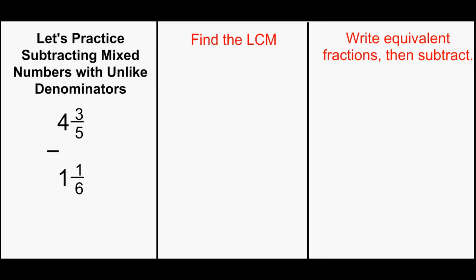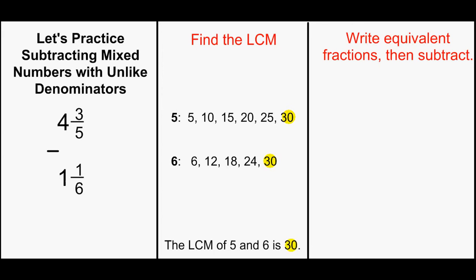In order to subtract, we need to rewrite our fractions using the same denominator. Let's first find the least common multiple for the denominators 5 and 6. Find the first multiple they have in common, which is 30. The least common multiple of 5 and 6 is 30.